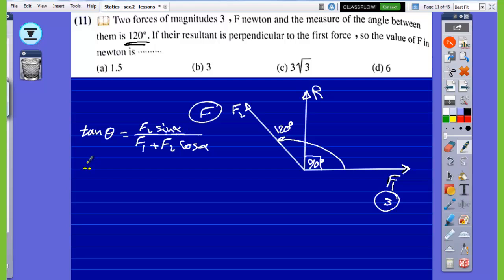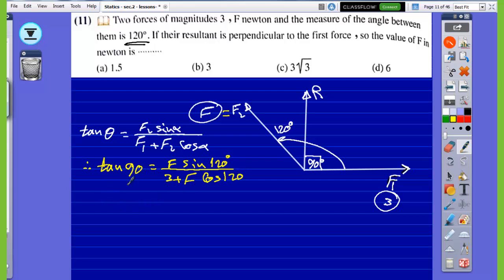So tan 90 equals, here F2 of magnitude F, F sine 120 over 3 plus F cosine 120.